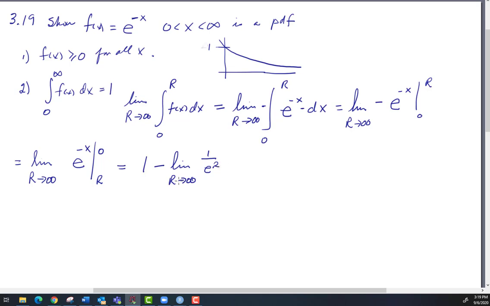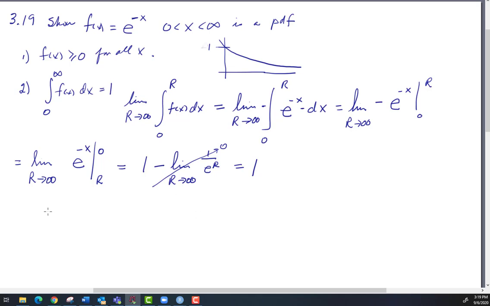And I see that as r grows to infinity, this is going to get huge in the denominator, so the 1 over something getting bigger and bigger and bigger is going to 0, and so this is equal to just the 1, and this thing is going to go to 0.